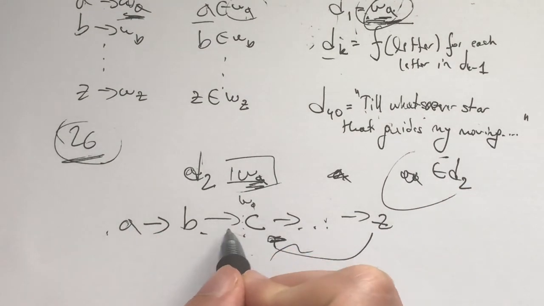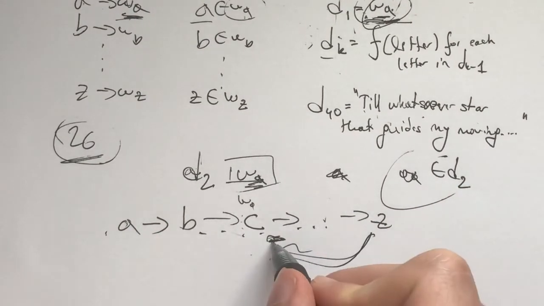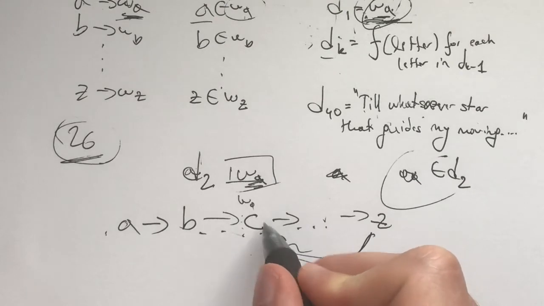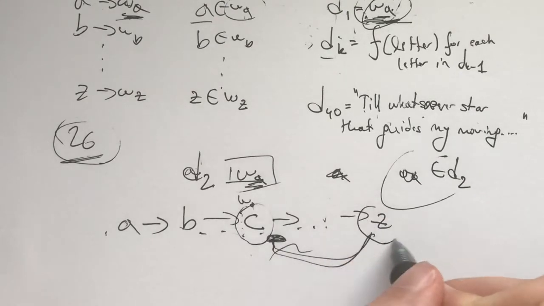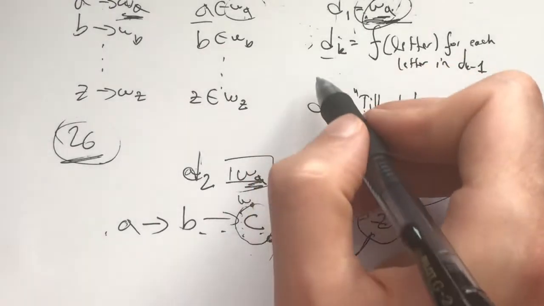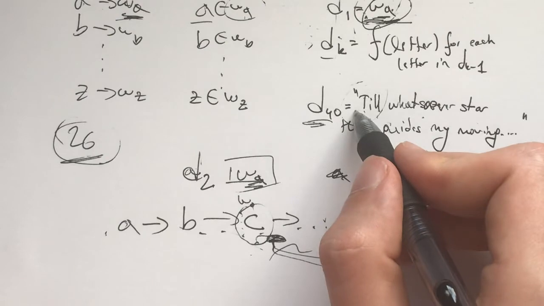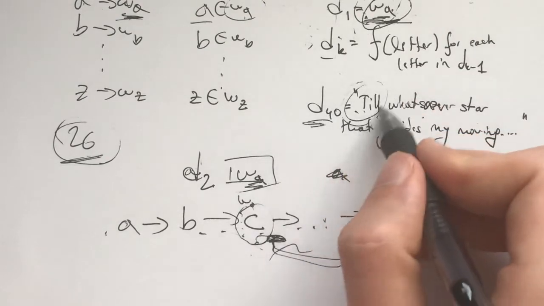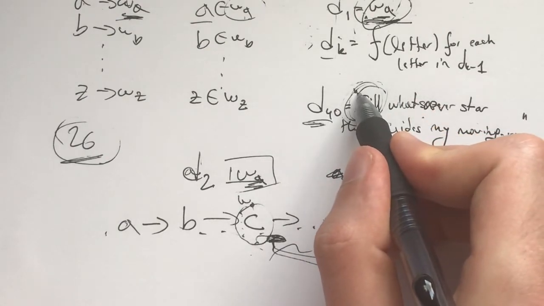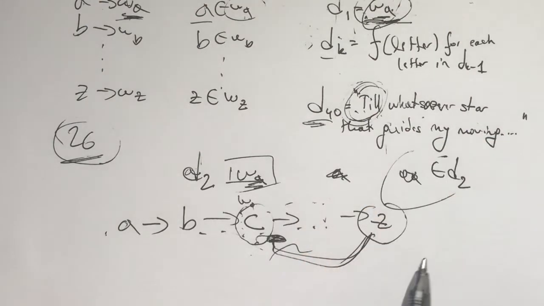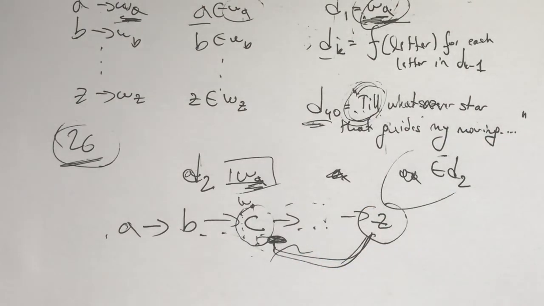What about this here? Well, at some point it's going to go back to the same letter. Can we infer anything from this? There's going to be a cycle by the time we get to D40. The first word will cycle back. So "till" will have to have appeared somewhere before in another document.